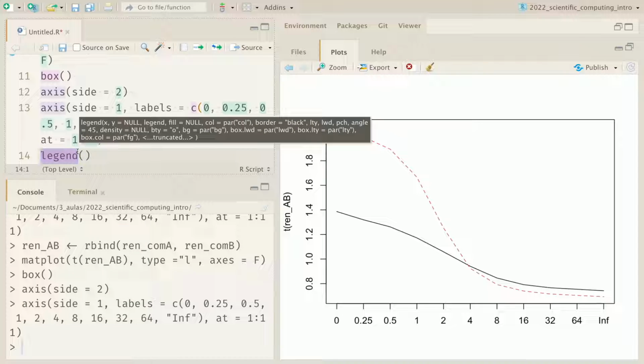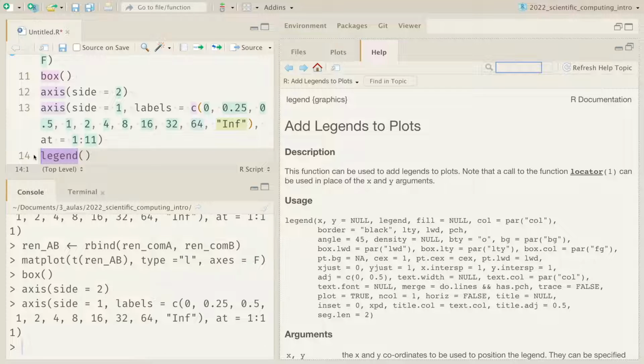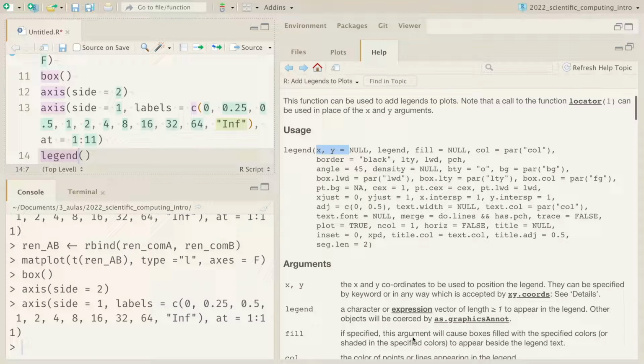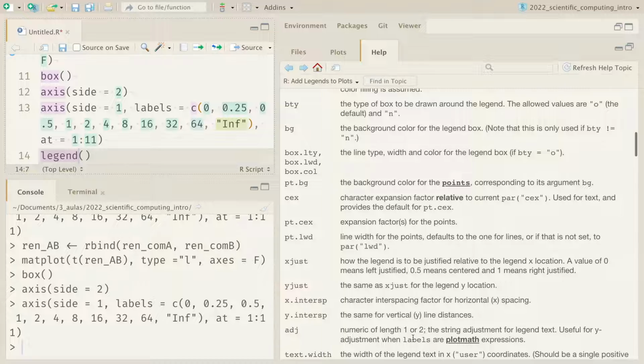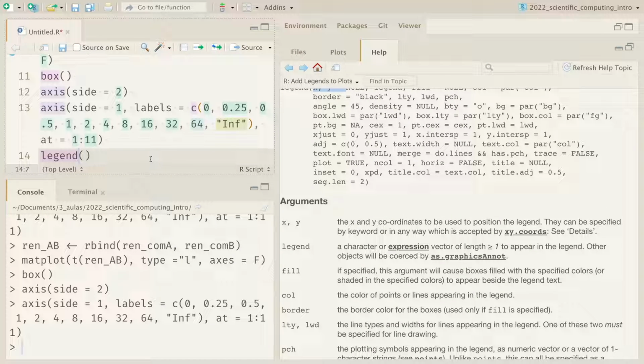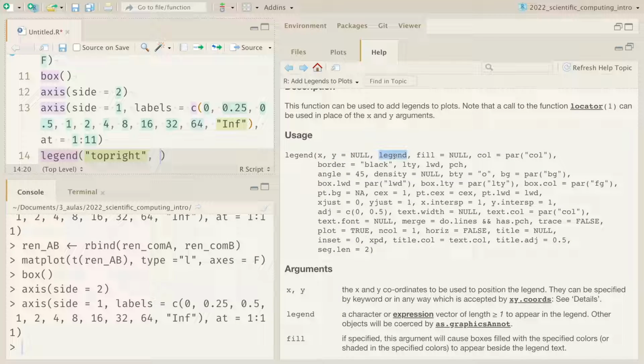Basically, with the legend function you tell it where you want the legend, X and Y, but it also accepts character vectors, so I can say, please put it in the top right corner.